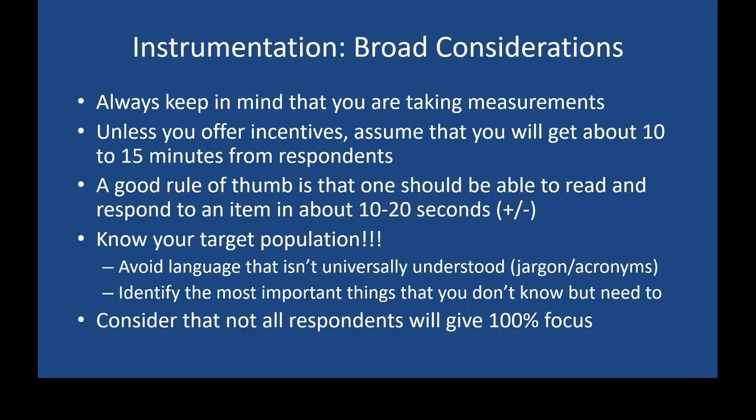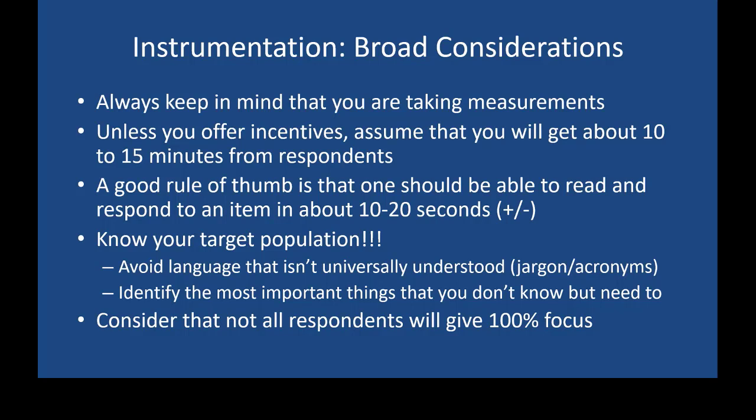The next thing is, broadly speaking, think that in one item you should be able to get a response in 10 or 20 seconds. This means time for the person to read it, and then time to record a response, whether that's checking something with paper and pencil, or clicking a button if it's electronic.